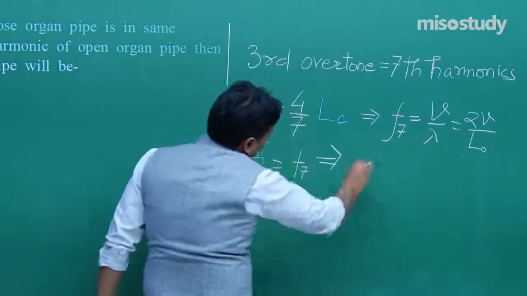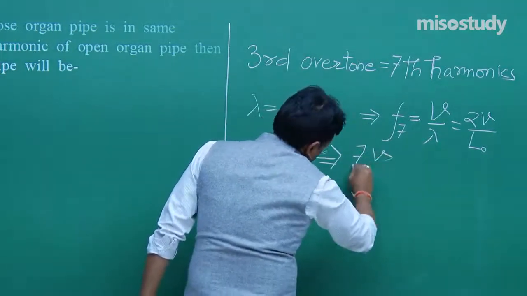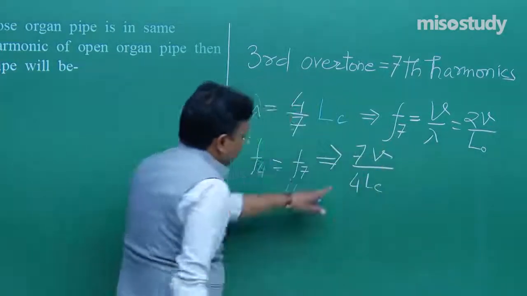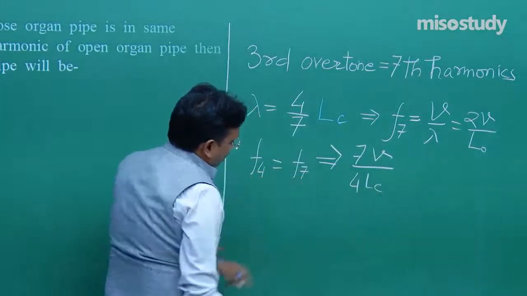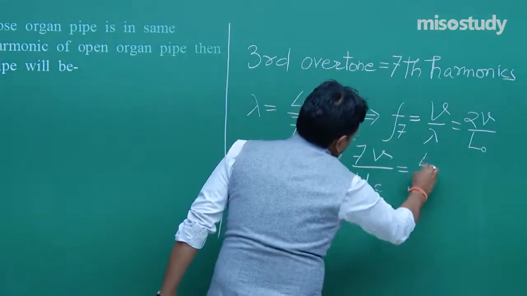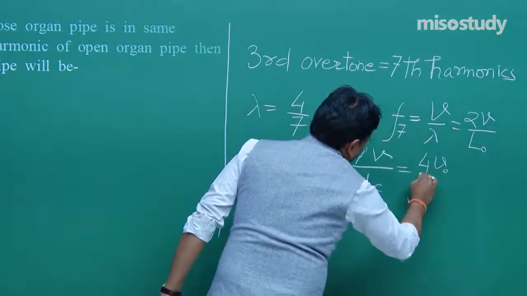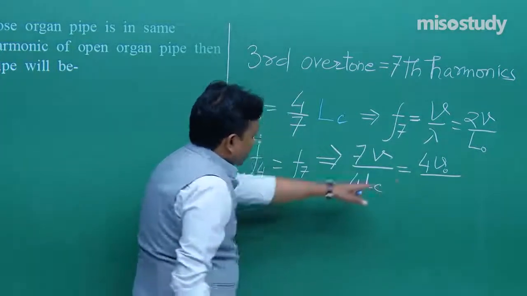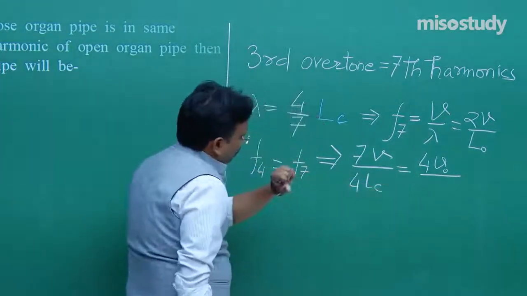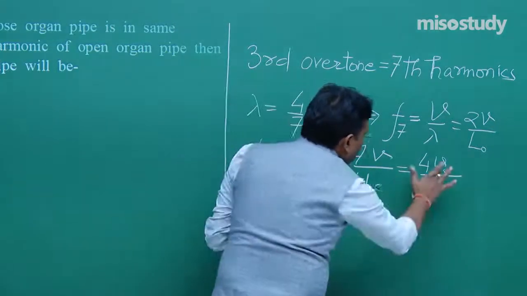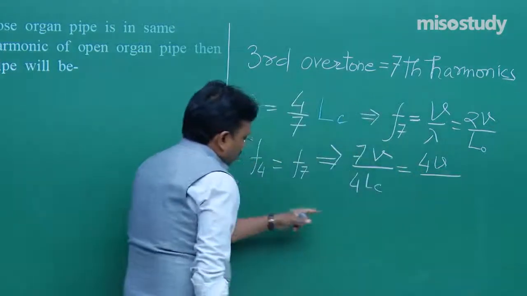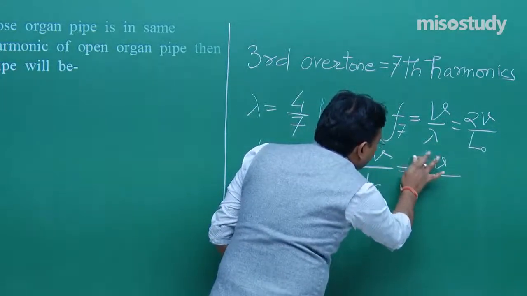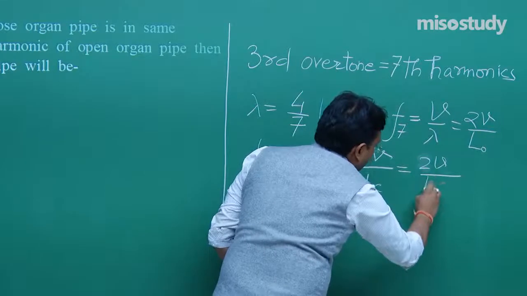It means 7v upon 4L_C equals 4v naught upon 2L naught.